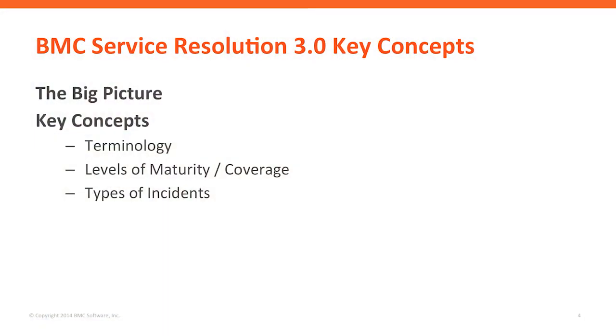So to start, what we're going to do is look at the big picture and the different components that are in place. The key thing to be aware of here is that we looked at the holistic solution and we've evolved the capability with that holistic solution in mind.